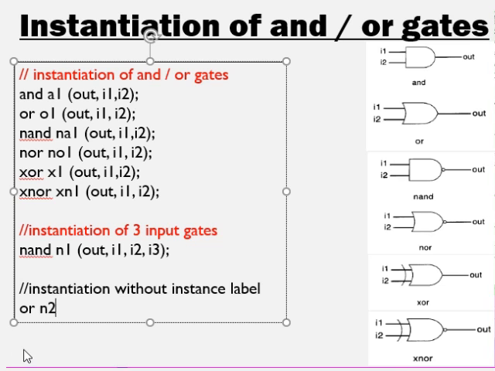Always the syntax is first the name of the module to be instantiated followed by the instance label. For primitive gates you can skip this and simply give the terminal list. This is a valid Verilog statement. Now this privilege is only for primitive gates, not when you are instantiating a user defined module.